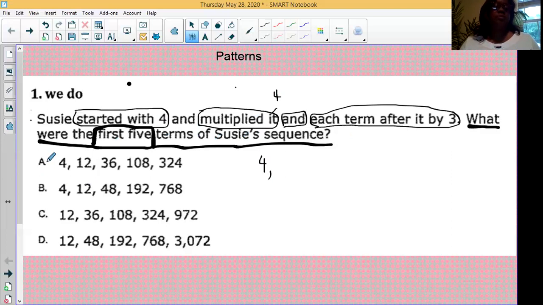Let's look at our answer choices. Look at what we have as the first digit, A, B, C, and D. So we know that C has a 12 as the first one, along with D. So we can get rid of those two. Okay. Now, first thing we're going to do is take that 4 and multiply it by 3. So multiply 4 times 3.